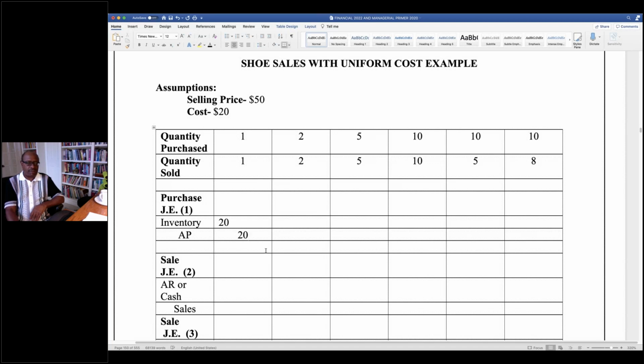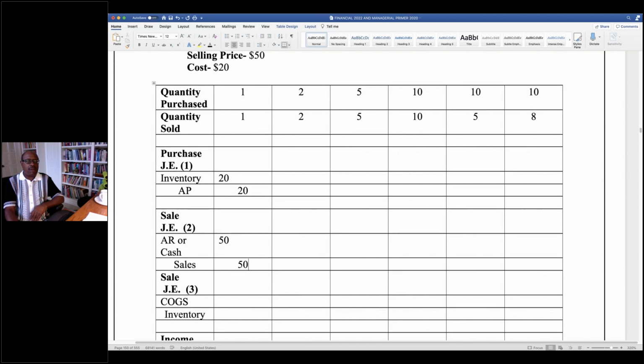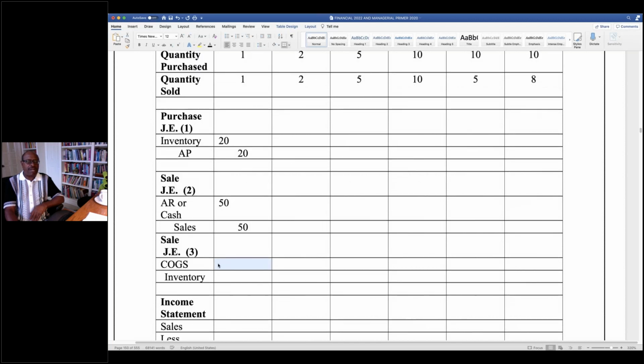That's to purchase the shoe. When we sold that one shoe for $50, we're going to debit cash for 50 and credit sales for 50. But we also are going to debit cost of goods sold for how much?